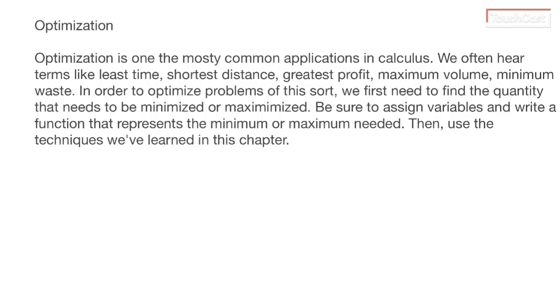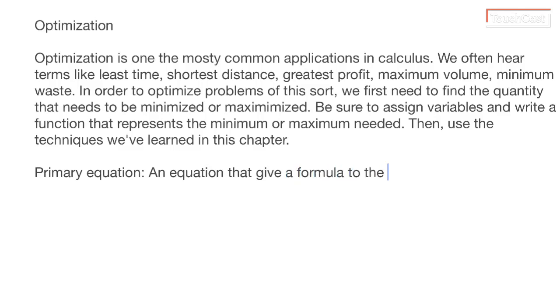So there's two things that we need to write down. In these optimization problems, there is going to be a primary equation. That primary equation is going to be an equation that gives a formula to the quantity to be optimized.